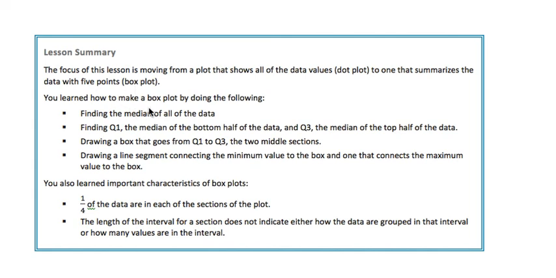You learned how to make a box plot by finding the median of the full set of data, finding Q1, which is the median of the bottom half of the data, and Q3, which is the median of the top half of the data, and then drawing a box that goes from Q1 to Q3, which are those two middle sections. Draw a line segment connecting the minimum value of the set to the box and one that connects the maximum value to the box.